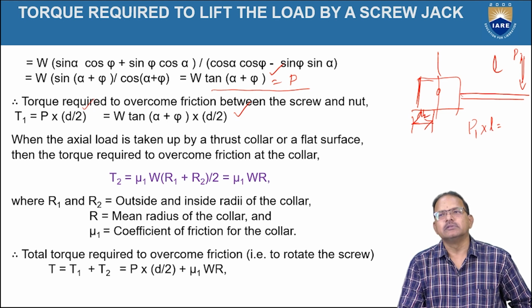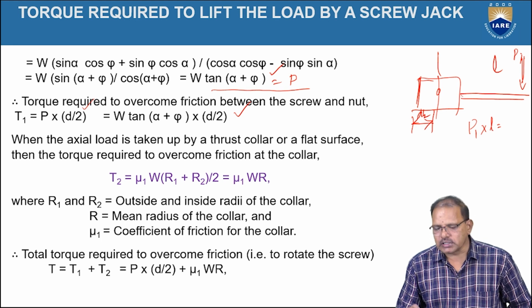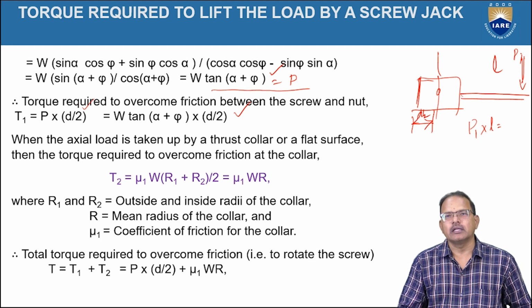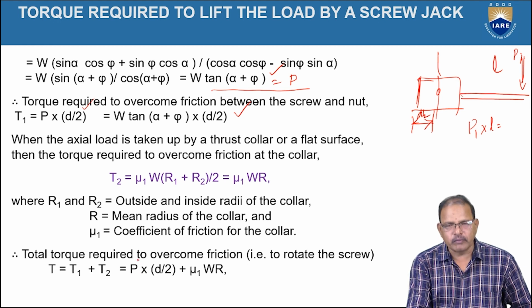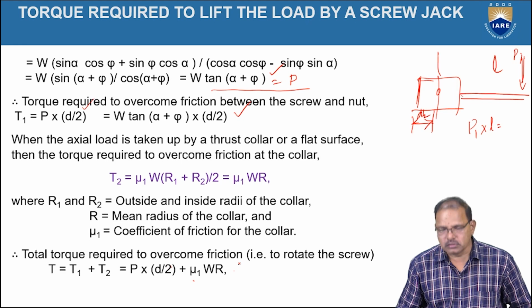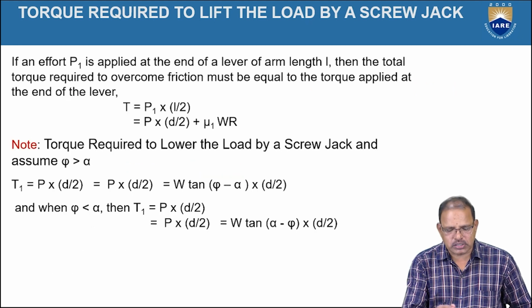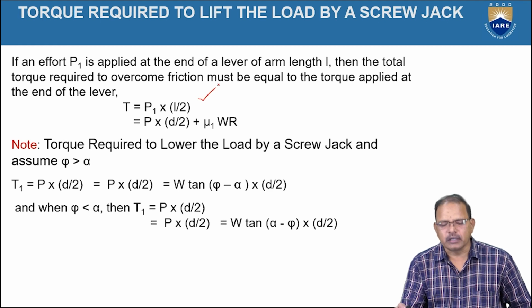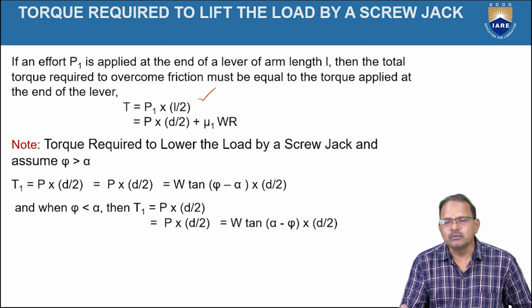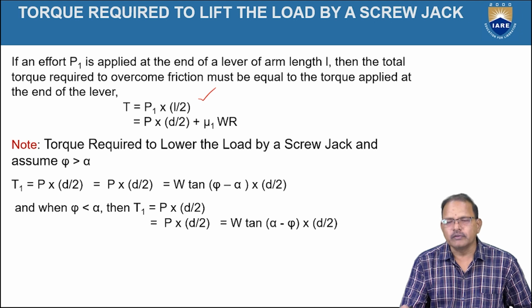Sometimes the friction resistance also exists between the collar as well as the nut. When we consider it, the total torque is given by P into D by 2 plus mu1 into W into R. By using this relationship, we can determine the torque required to raise the load for one revolution.